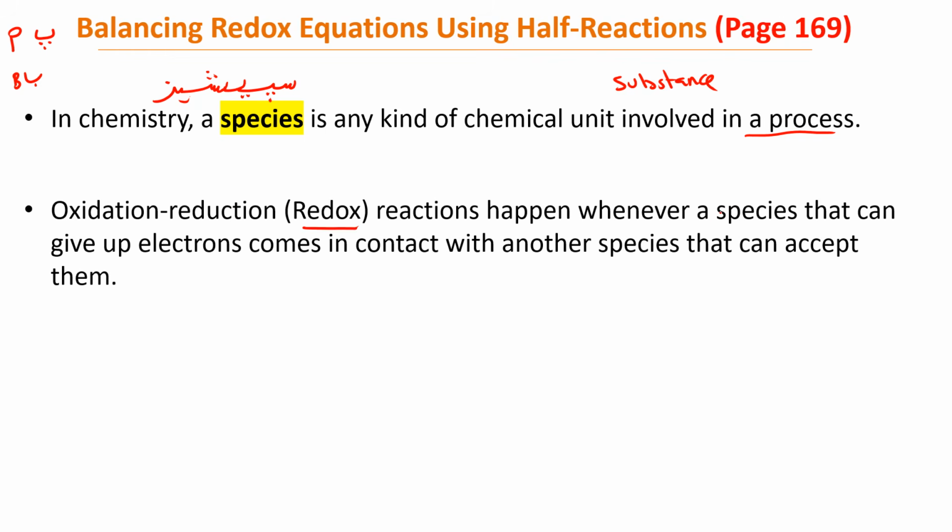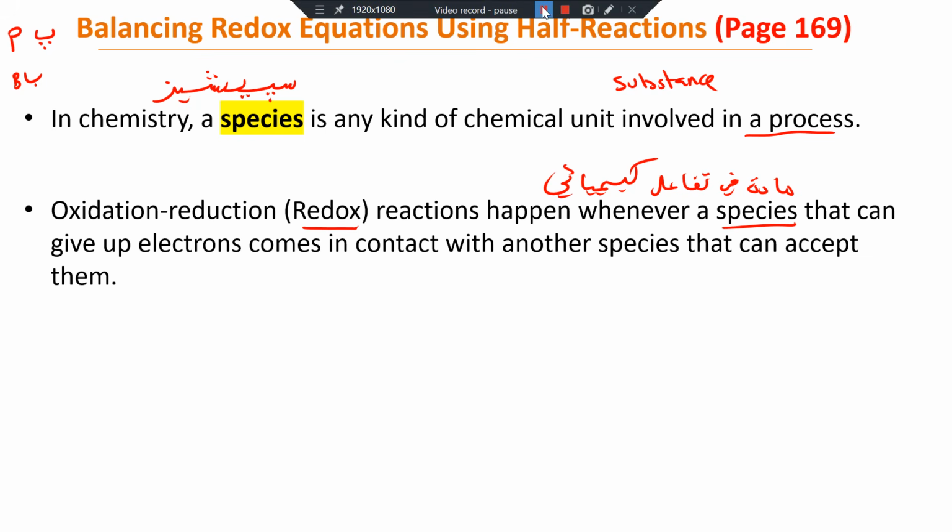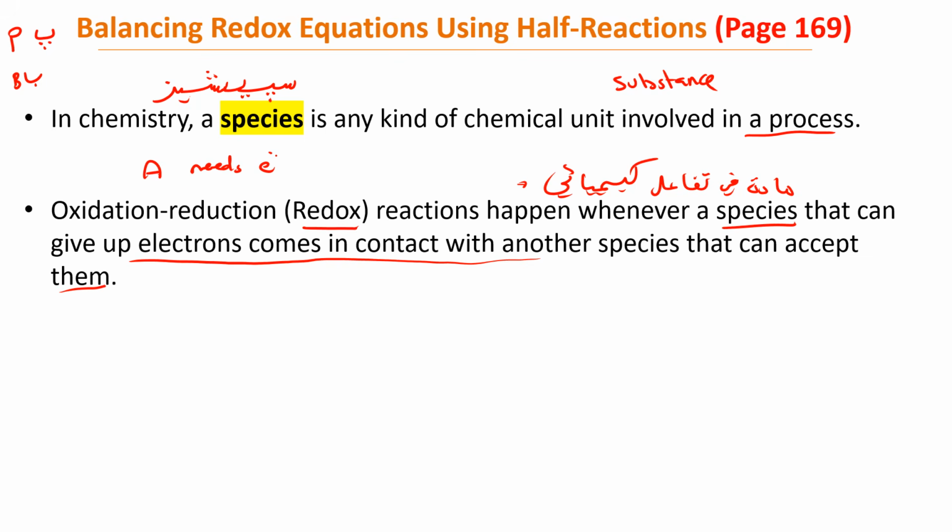Now, redox reactions happen whenever a species, meaning a substance in a chemical reaction, that can give up electrons comes in contact with another species that can accept them, meaning A needs electrons and B loses electrons.